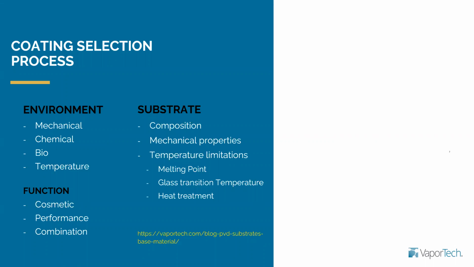In terms of the coating selection process, before we even talk about what's on the screen, I want everyone to look at the application that they have and understand exactly what problem they are trying to solve, or what opportunity they're trying to advance, right?